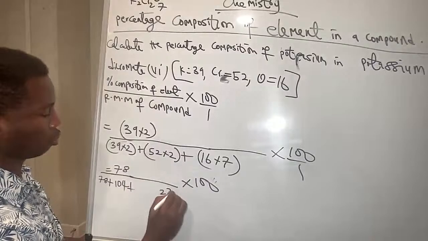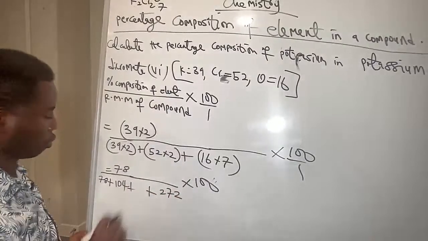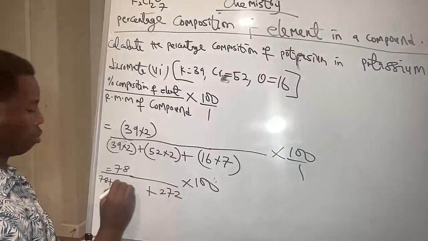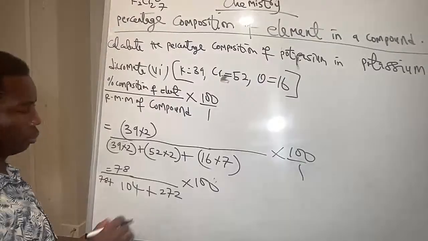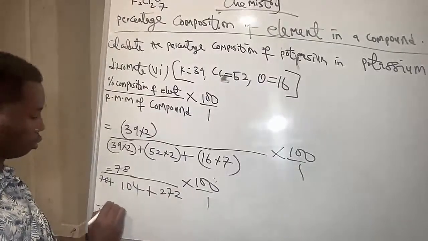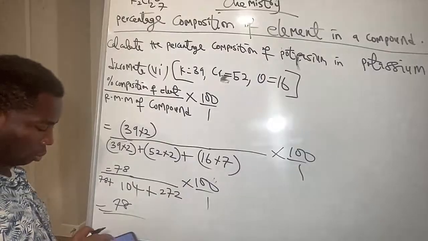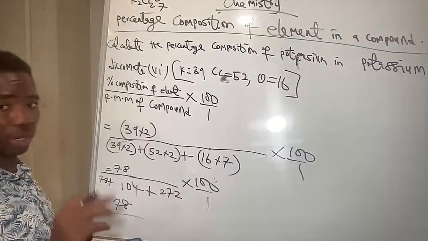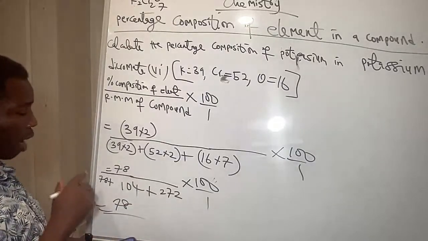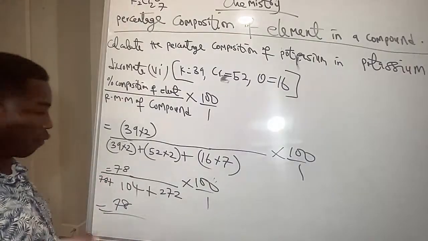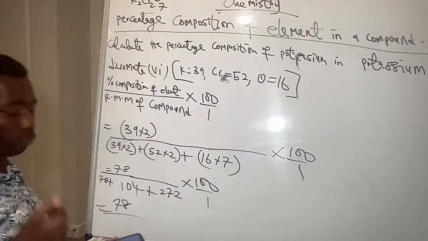So let's add everything together. We are going to add 78 plus 104 plus 272.